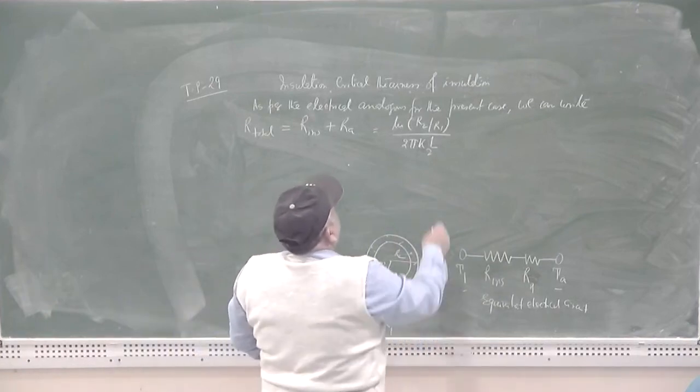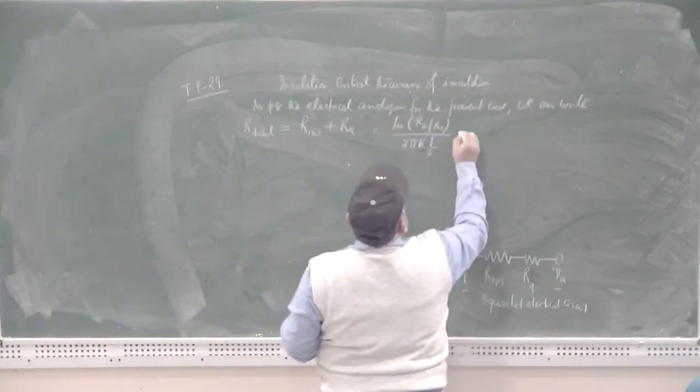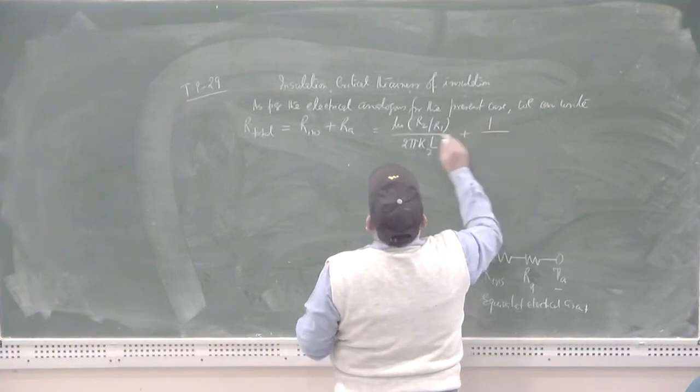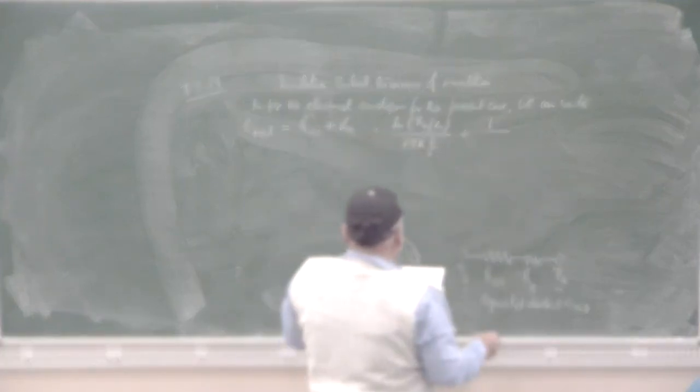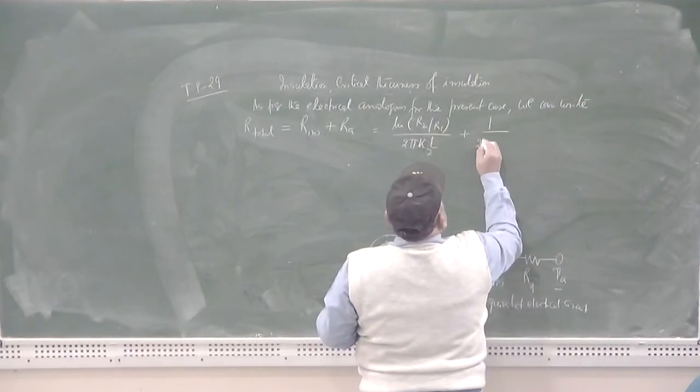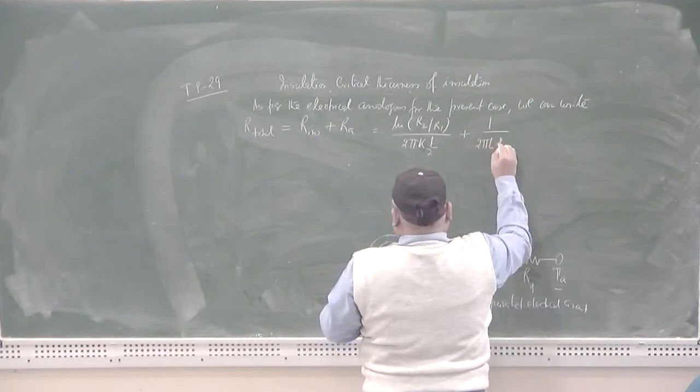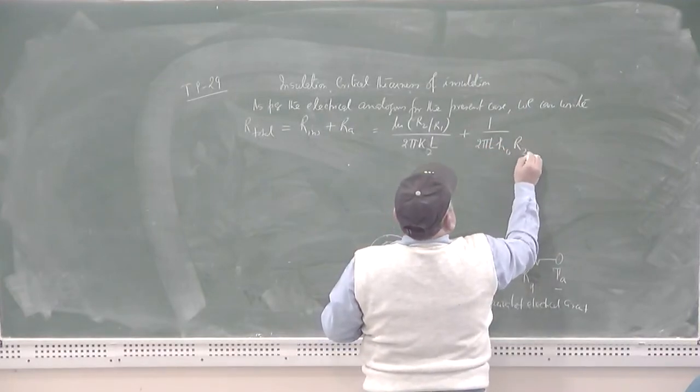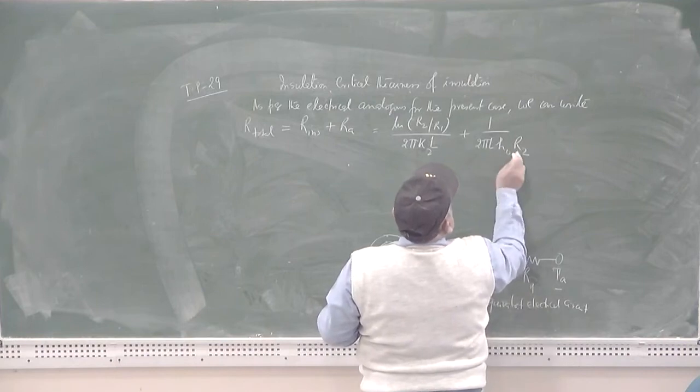So this will be the insulation resistance, plus the convective resistance, which is equal to 1 upon 2 pi L h0 R2, that is 1 upon h0 into A.